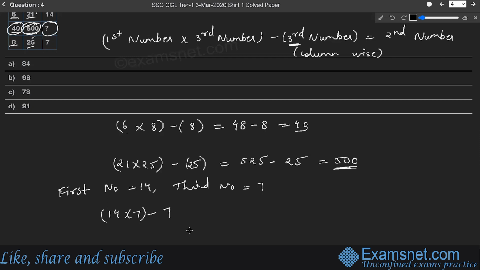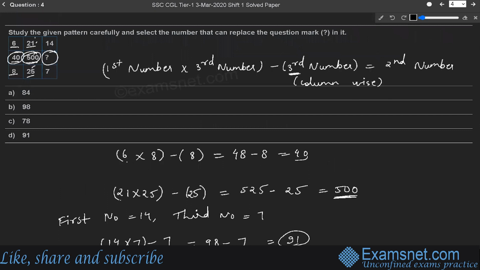Third number is 7. It should give us the second number. So 14 into 7 is 98, minus 7. 98 minus 7 is 91. So 91 will be the second number in the third column. So the number that replaces the question mark is 91. For this question, the correct option will be option D, which is 91.